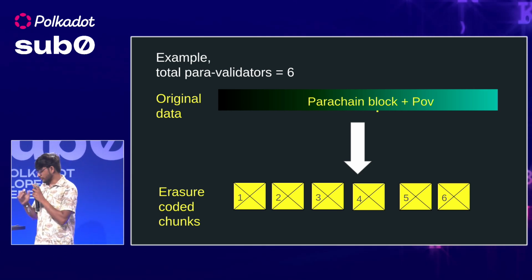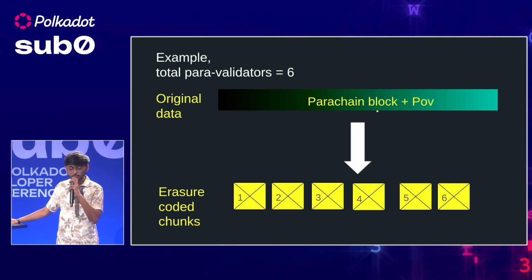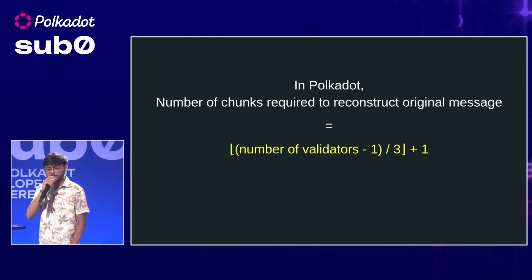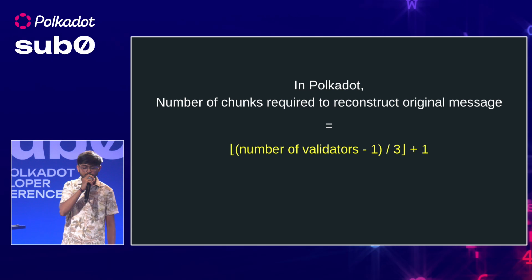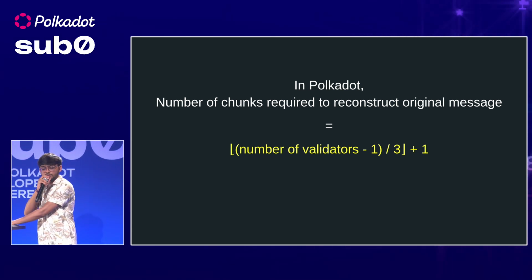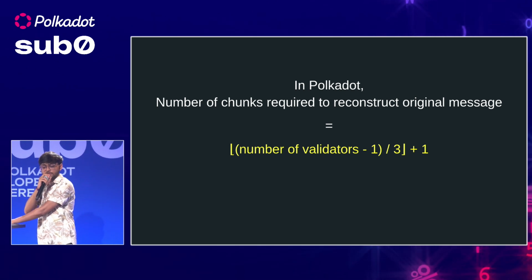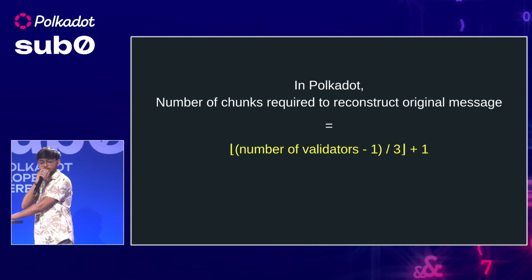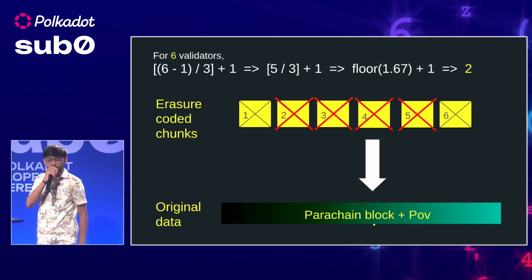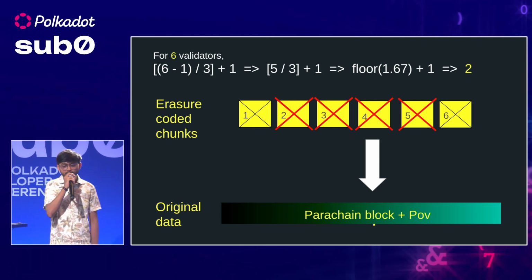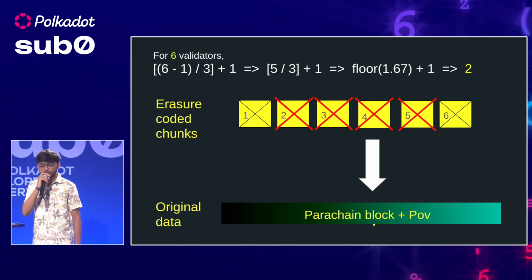There is also a formula to find out how many chunks we will require to regenerate our original data or original message. This is the same formula used in Polkadot to calculate the number of chunks required to reconstruct the original data. If we have 6 validators, we will need only 2 validators available to provide chunks.